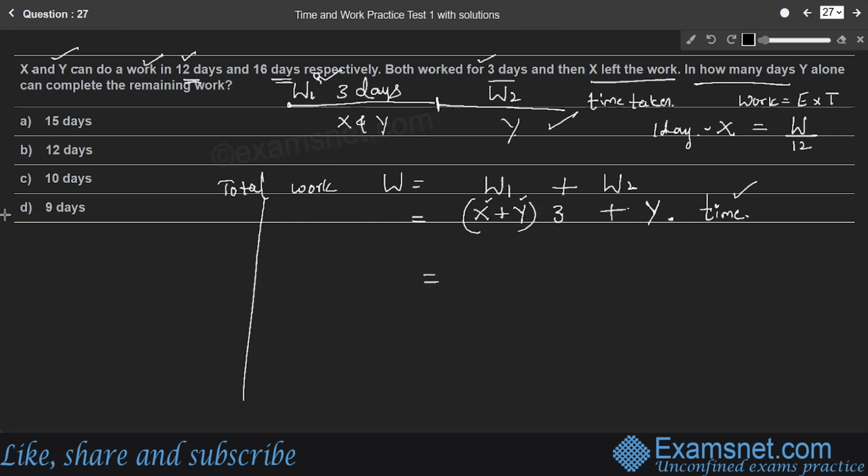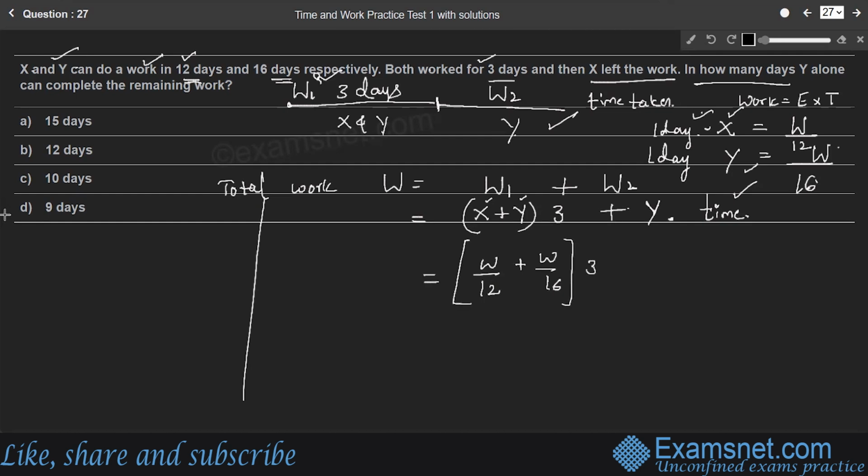And if Y is the 1 day work or efficiency of Y, it takes 16 days to complete W amount of work. Therefore, their respective efficiencies will be W by 12 and W by 16, efficiency in the sense of 1 day work. So substitute the values of X and Y here, since X is W by 12 and Y is W by 16 according to the given question.